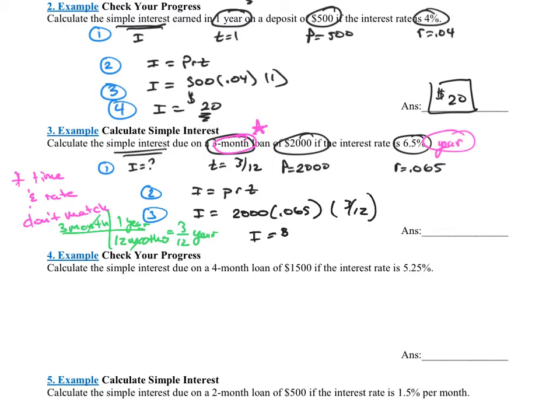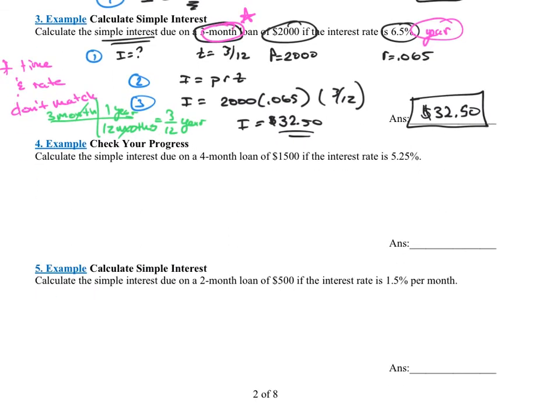When I do this, I get $32.50. Way different than what I would have gotten before if I used t equals 3. When I use t equals 3, I'm saying I had this investment for 3 years. There's a huge difference between having an investment for 3 months and 3 years, so be careful with that. That might help you.